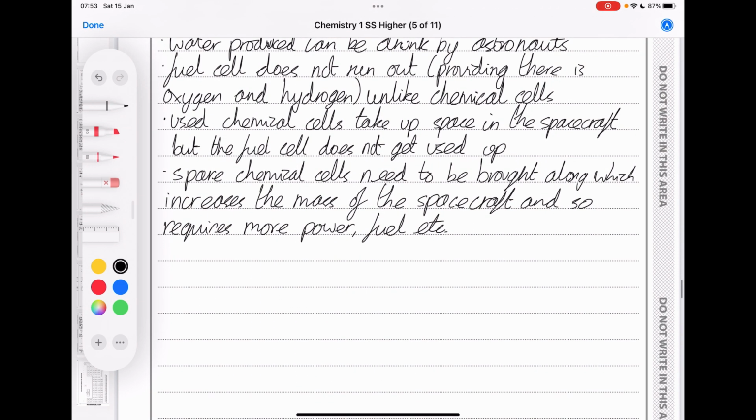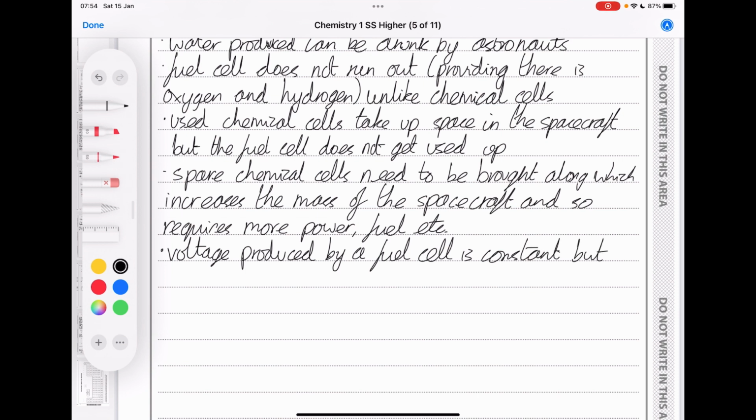Other things we could say. The voltage produced by a fuel cell is constant, but chemical cells experience what's commonly referred to as voltage drop.